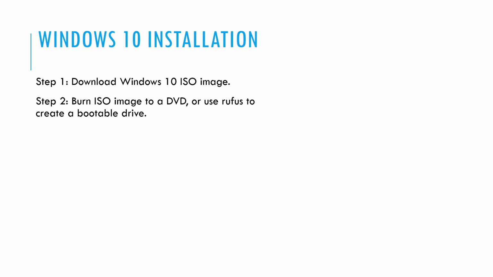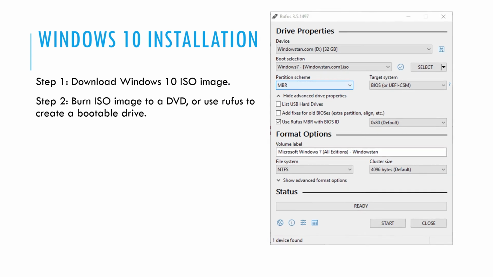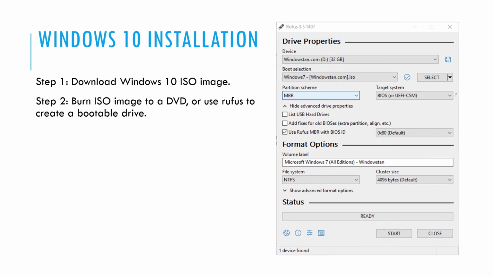Now let's move on to Windows installation. First, you must download the Windows 10 ISO image from Microsoft. 2. Burn the ISO image to a DVD or use Rufus, as shown here, to create a bootable drive.